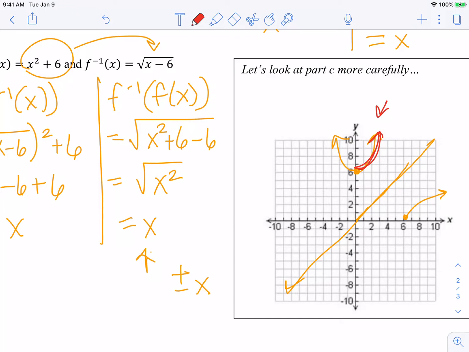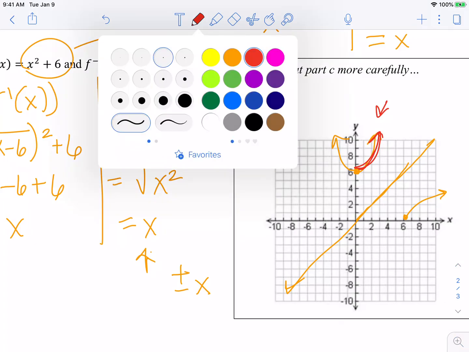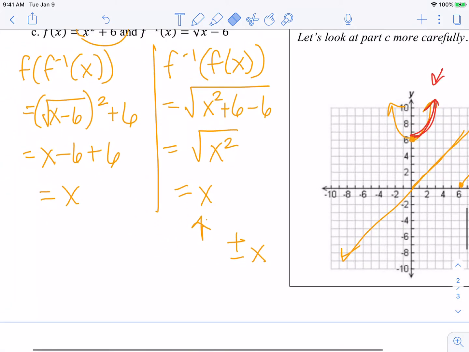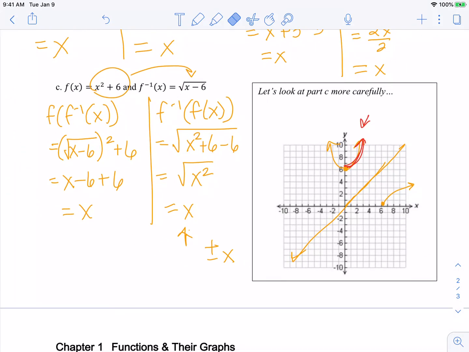So I actually want to make sure I restrict the domain for this parabola. We're just looking for the parabola's inverse from 0 to infinity. So we want to make sure we restrict this domain. f of x was x squared plus 6, and we're only using the values greater than 0.